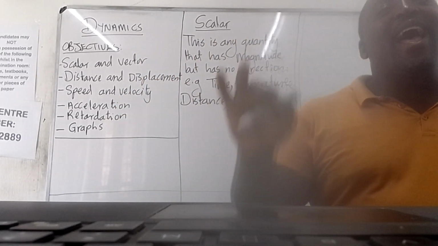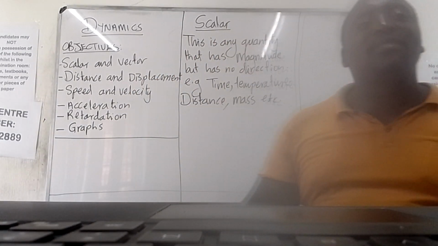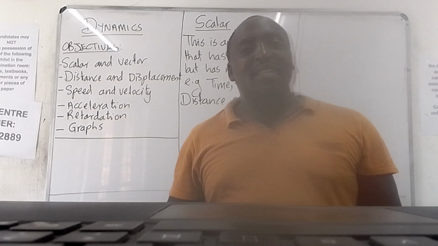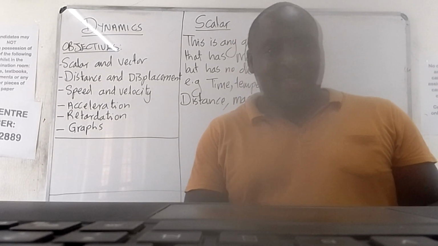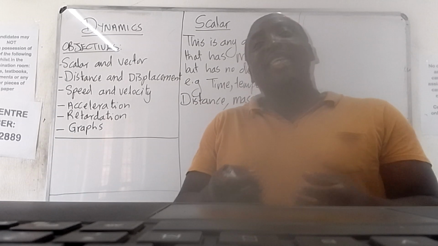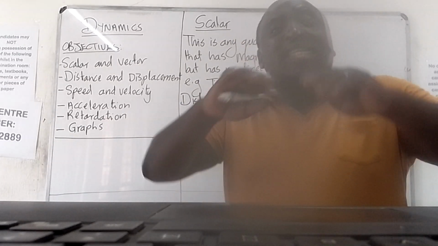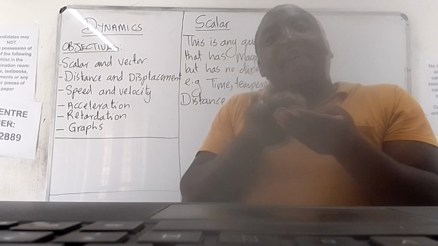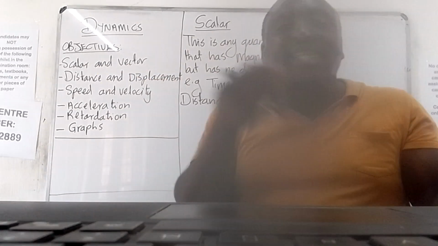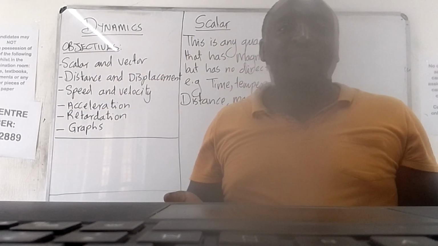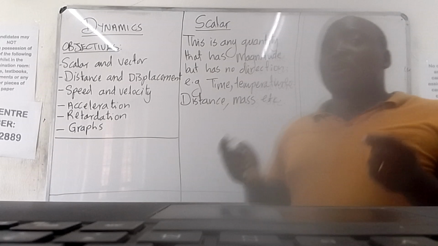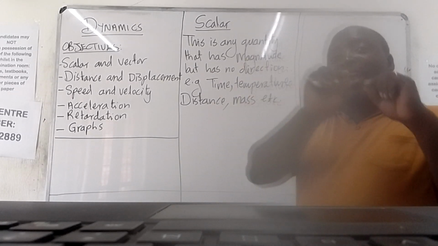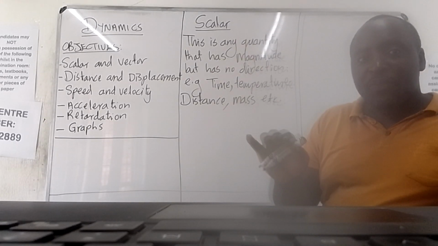Time, temperature, distance, mass, all these are considered scalar quantities. Why? Because they have magnitude, which is the size, but you cannot specify what direction they have.